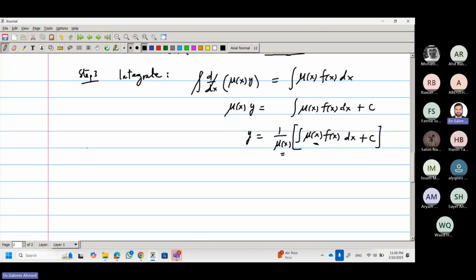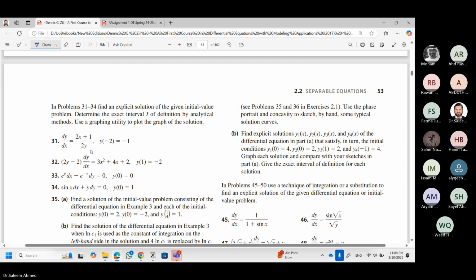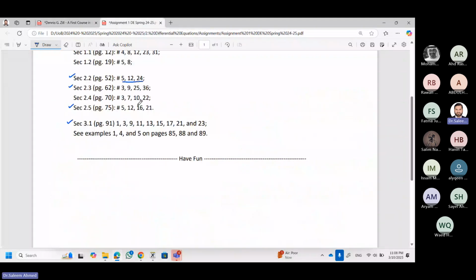Okay, let me show you the example. In the assignment, it is 3, 9, 25, 36. So let's see.